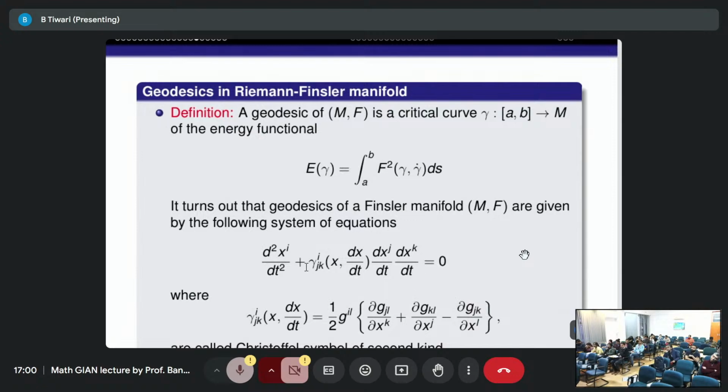The only thing is that here these Gamma^i_jk, called Christoffel symbols, are not only functions on the manifold but functions on the tangent bundle, and therefore you have highly nonlinear second order differential equations. But still, because of sufficient smoothness, you can talk about their solution. If you have an initial point and initial direction, at least for a short time, you have a solution of this differential equation.